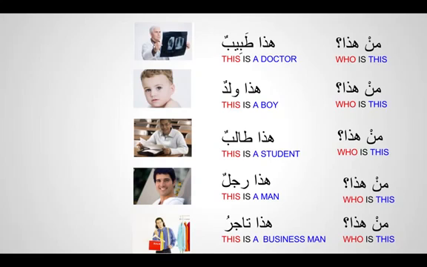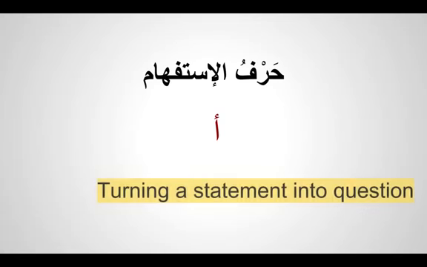So again, yesterday we did harf al-istifham a. So a, we know, turns a statement into a question. If it's telling this is a boy, we can turn it into a question: a, is this a boy?